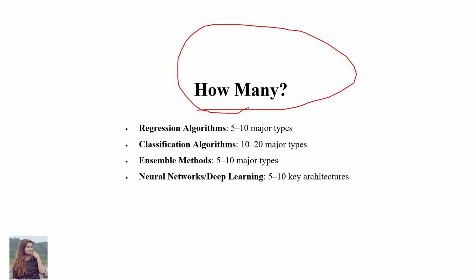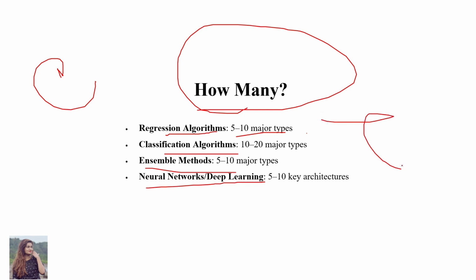The exact number of algorithms depends on how they are categorized, but the key groups are regression analysis algorithms, which have 5 to 10 major types, classification, ensemble, and NN or deep learning. These features are very important for the analytical part. Overall, we can say the dozens of algorithms in supervised learning are suitable for different types of data and tasks.